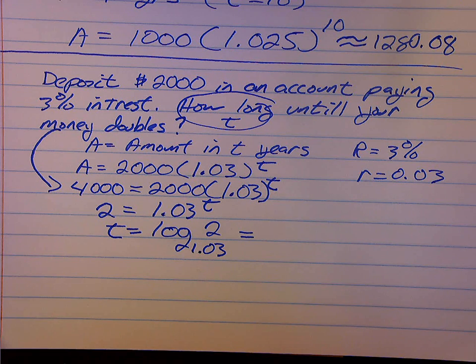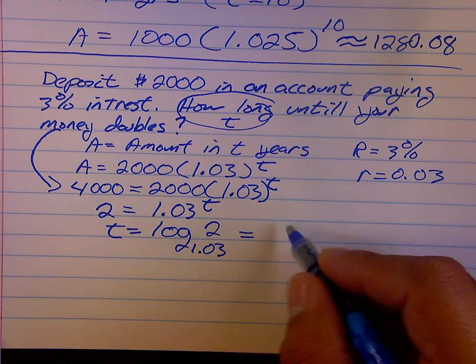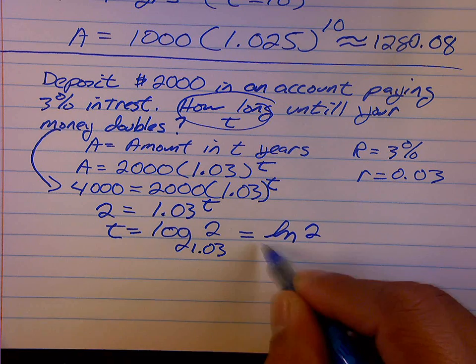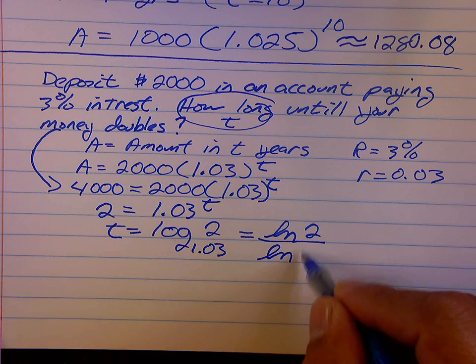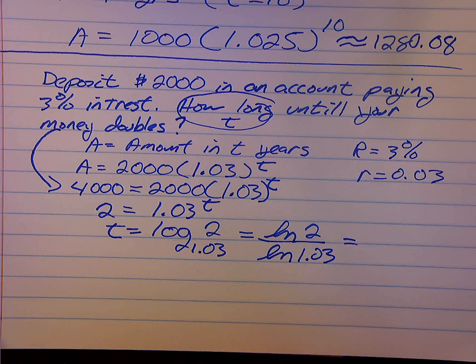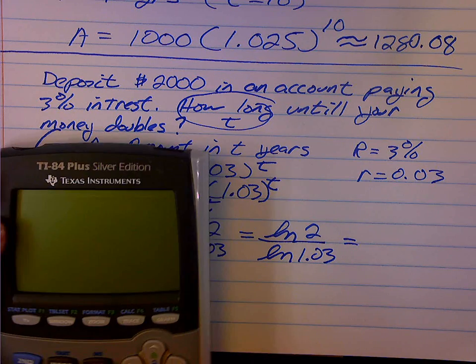If I'd like to use my calculator to approximate this number very accurately, I'll do a base change, maybe the base, let's do base e. ln of 2 over ln of 1.03. Now we can just plug that in the calculator, just like it looks.